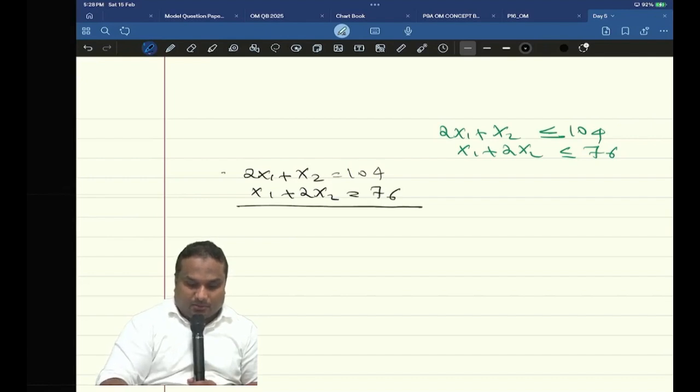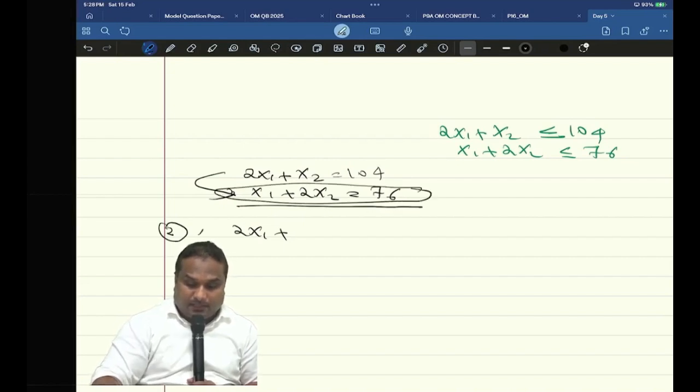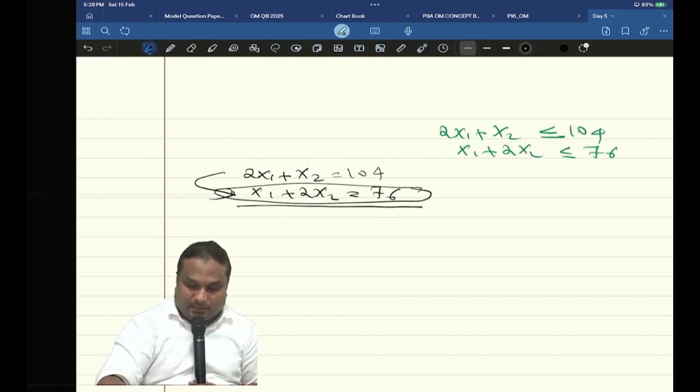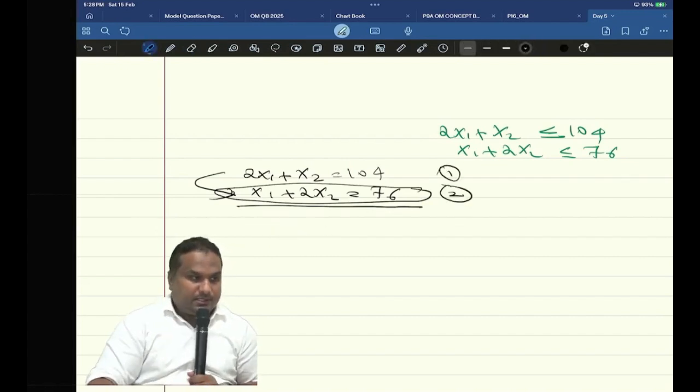Now we just cross multiply. The second equation you multiply by 2. This is equation number 1, this is equation number 2.